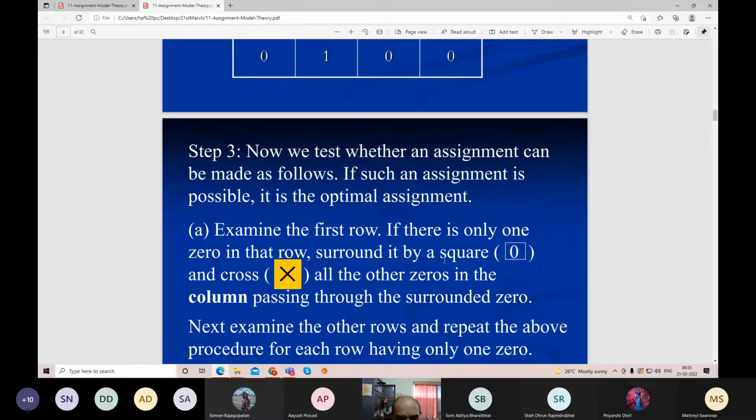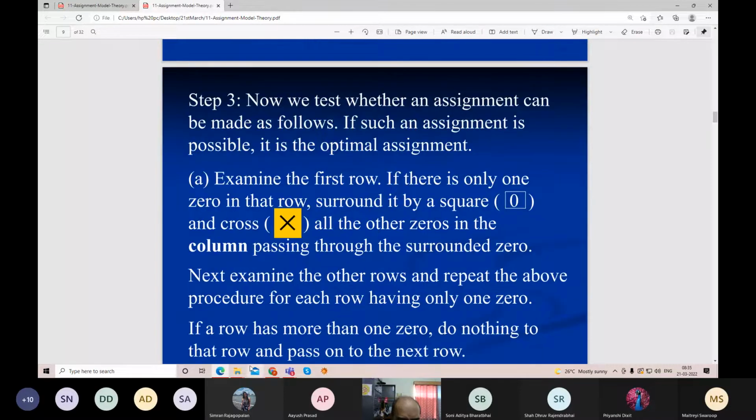Say, if you are finding there is a 0 in a particular row, we assign that 0, and the other 0s in that column we must cross out. Next, examine the other rows and repeat the above procedure for each row having 1 zero. If a row has more than 1 zero, do nothing to that row and pass on to the next row.